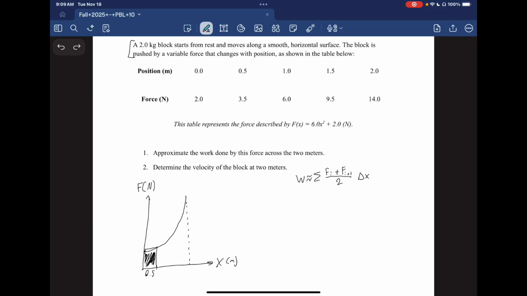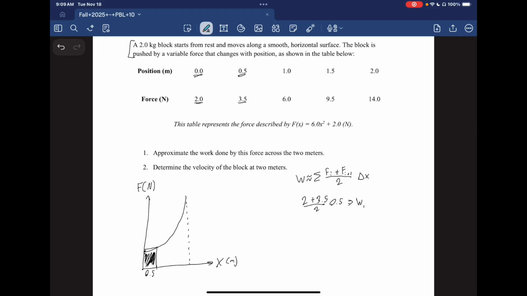For the first one, F_i, the first force, is 2 newtons, and F_i+1, the second force, is 3.5 newtons, and then we divide that by 2. So we have (2 plus 3.5) divided by 2 times the change in x. We start at 0 and move to 0.5, so the change in x is 0.5.